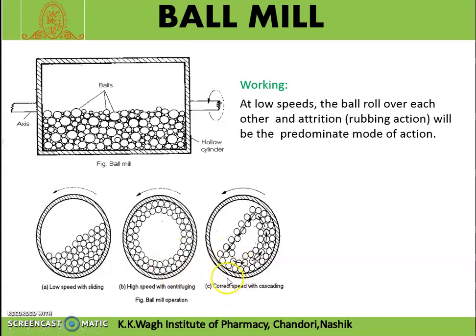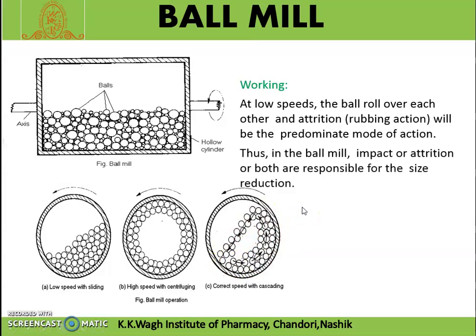But with the correct speed, there is cascading movement, and by this movement we get proper size reduction. Thus, in the ball mill, impact or attrition or both are responsible for the size reduction.